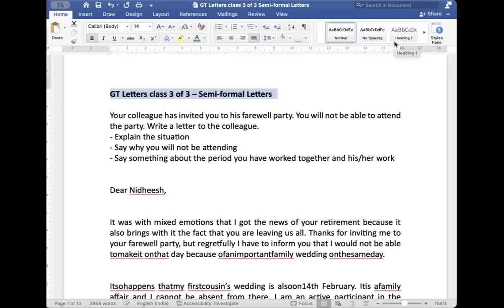The seventh class is for the formal letters. The eighth class is for informal letters, and the ninth and final class is going to deal with the semi-formal letters. So these 9 classes will sum it all up for the GT students. In every class, I've taken up 10 essays and 10 letters.